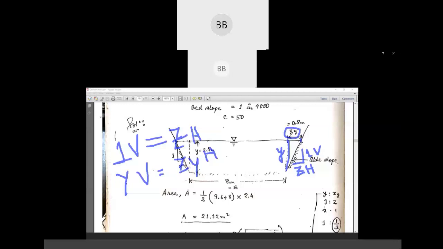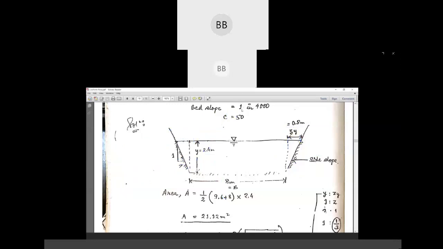Okay, now in our question, what is given? In our question it's given one horizontal is to three vertical. Okay, it's given.